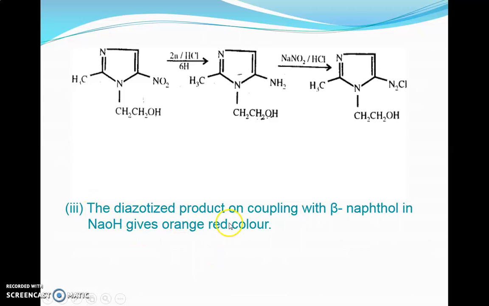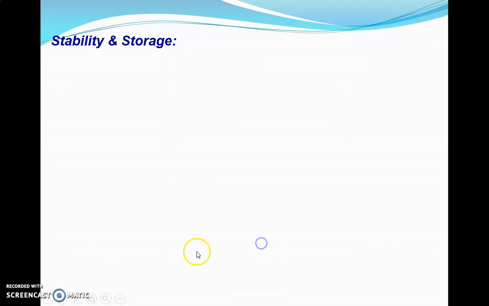Now the diazotized product can be coupled with beta-naphthol in NaOH and gives an orange red color. This is the confirmatory test to identify whether this diazotized product has been formed or not. So this was the identification test or the chemical test.